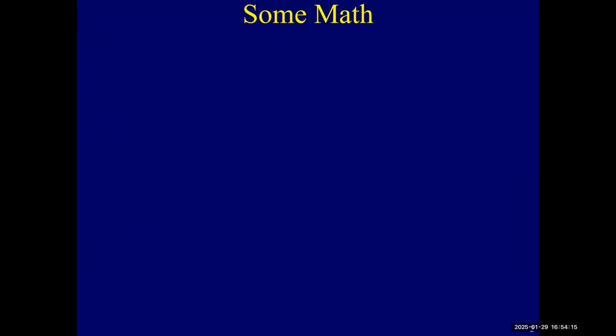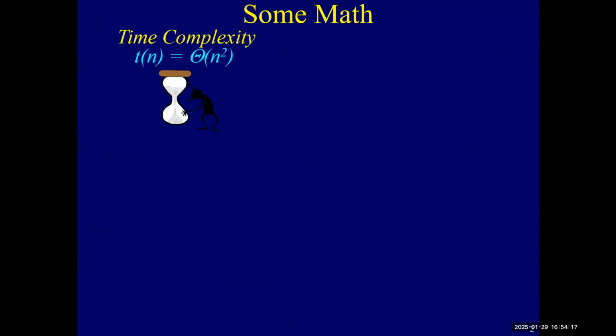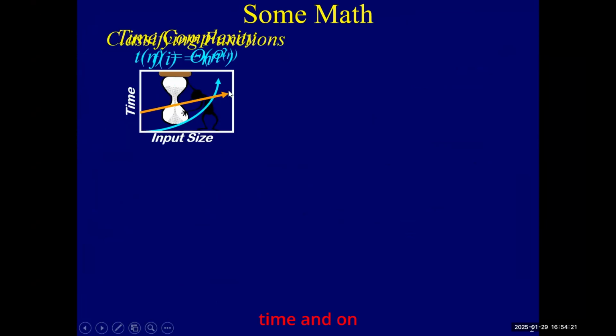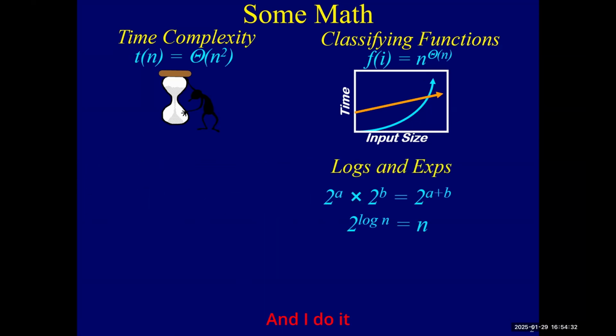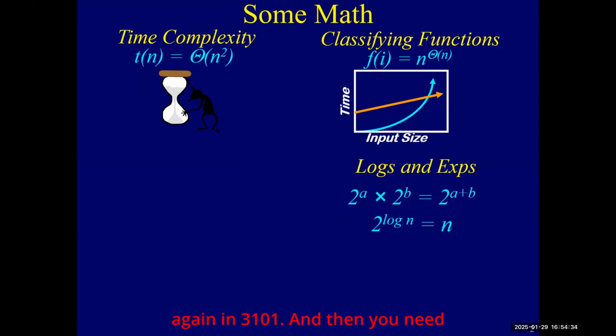We could spend time on running time and on classifying functions with big O notation, which you did in 1019, right? And I do it again in 3101.